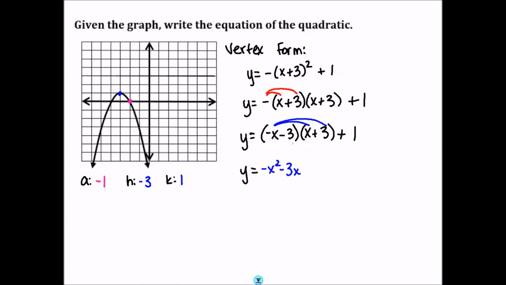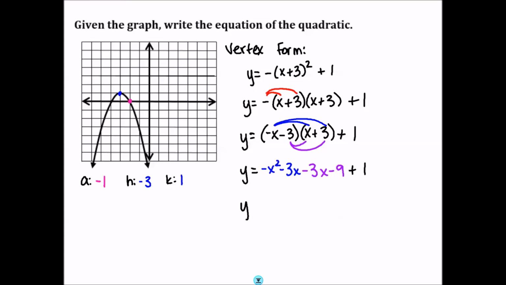Then I need to distribute the negative 3. So if I distribute negative 3 times x, it's negative 3x, and then negative 3 times 3 is negative 9. And then don't forget to bring down this plus 1.